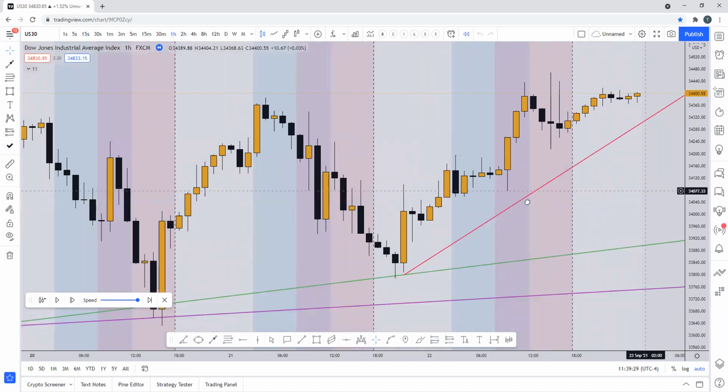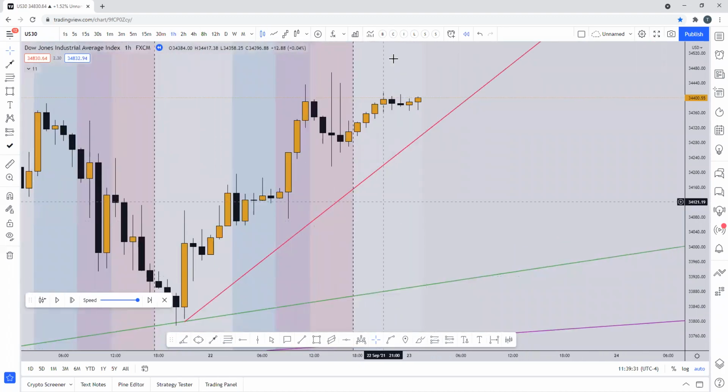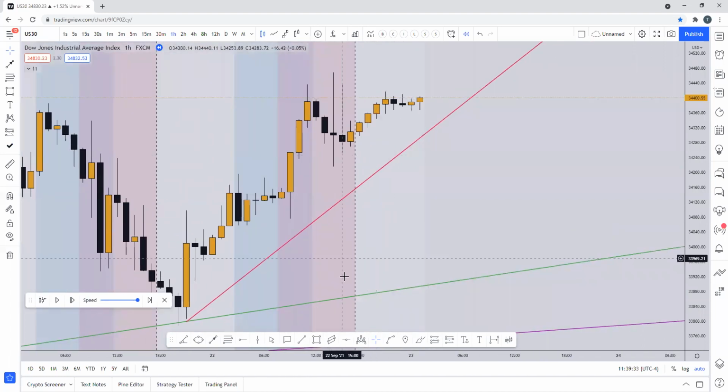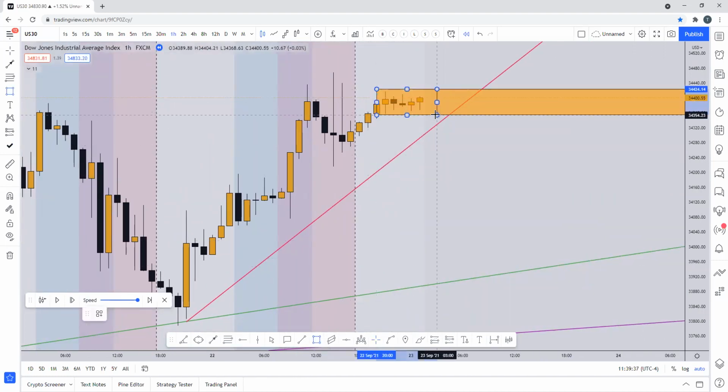So going back to the 1 hour, we have this consolidation right here. On this 1 hour time frame, I can draw this whole thing. So I'm looking for my entry on the lower time frame to be somewhere in here. And if you look, this will align with structure, right?